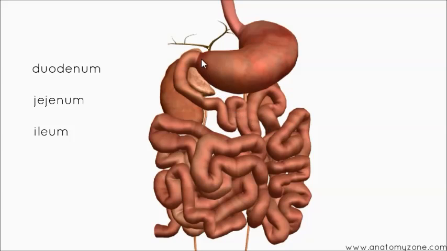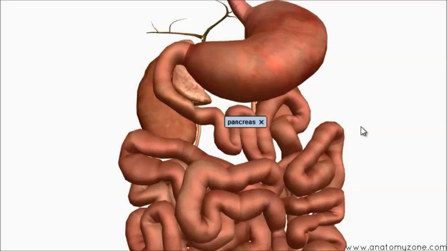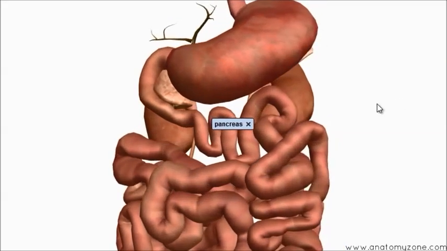But the duodenum is this first part, and it's this C-shaped part which emerges at the end of the stomach, at the pylorus of the stomach, and it curves round the head of the pancreas. The pancreas was one of these three accessory organs of digestion that I mentioned in the first part of this tutorial.